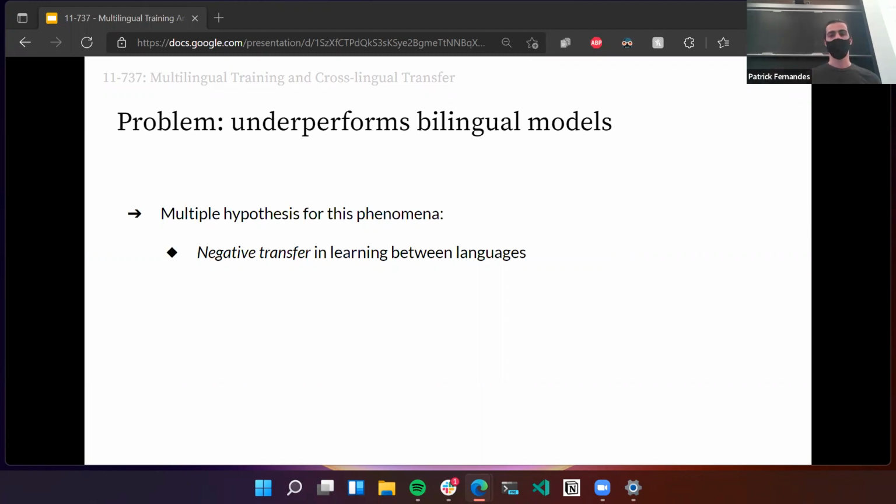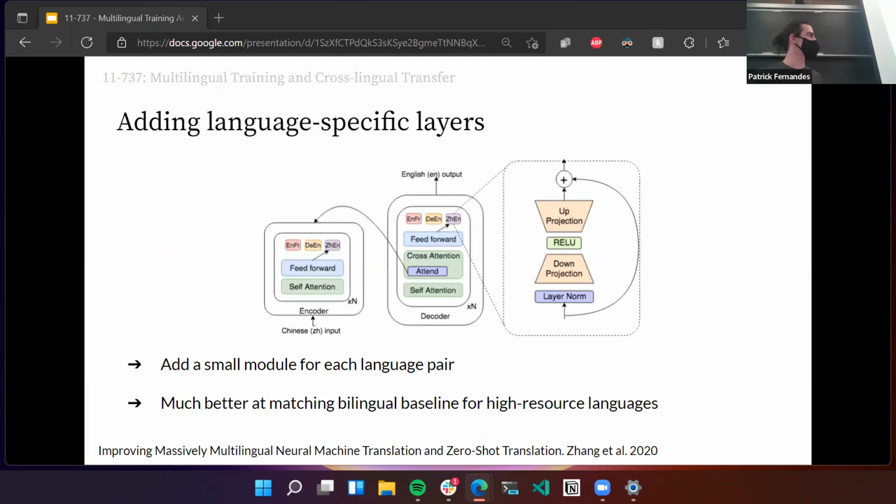And one way to circumvent this problem is to just add a small language-specific module, or adapters, as they're normally called, to your model. And this would be dynamically added depending on the language you're considering. The intuition here is that these language-specific modules can learn the language-specific information needed to do the translation task, while not negatively interfering with the general parameters shared by all of the languages that live outside the adapter.